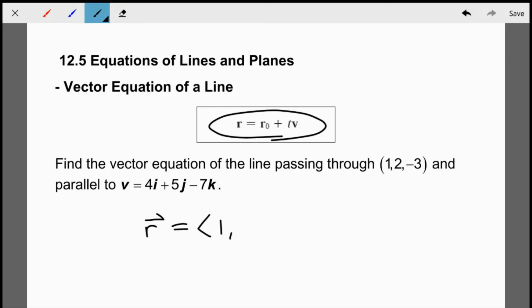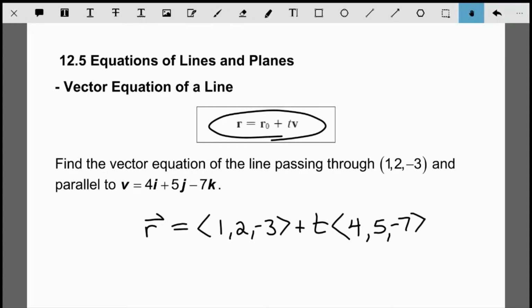So (1, 2, -3). Remember, that means i + 2j - 3k. And then plus t, where t is some parameter, multiplied by my direction vector, which we know is (4, 5, -7). So that's the vector equation of my line.